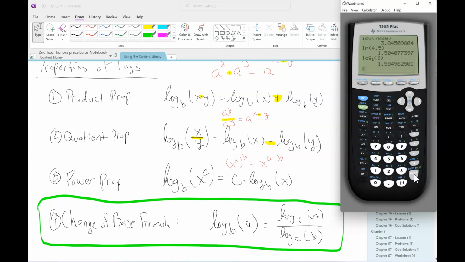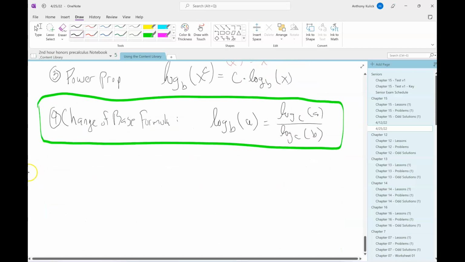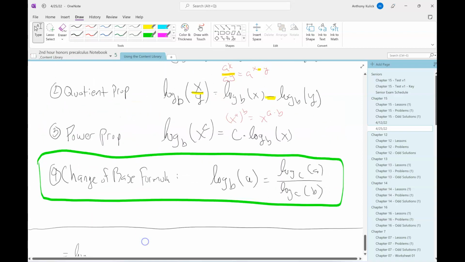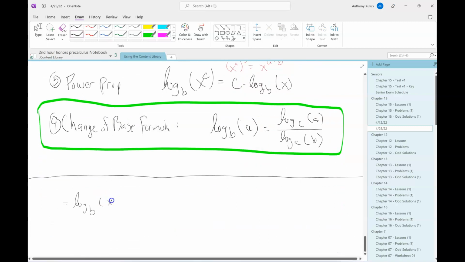All right. So just to illustrate here, let's prove one of these properties, just so you can get a feel for how something like that would be done.